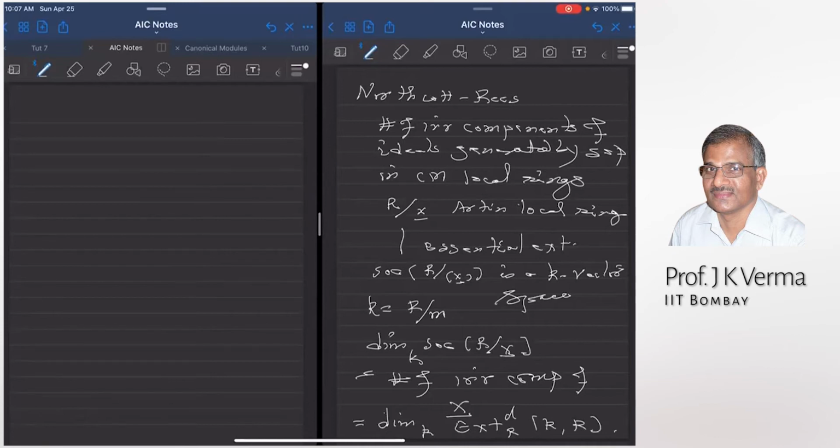The third source came from Hyman Bass, and he was investigating rings of finite injective dimension.